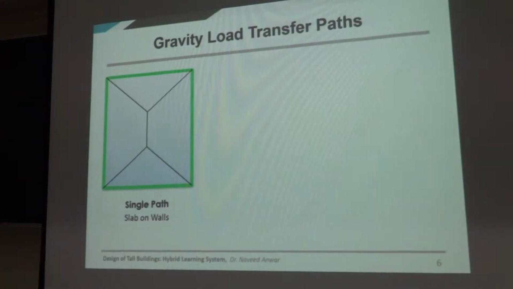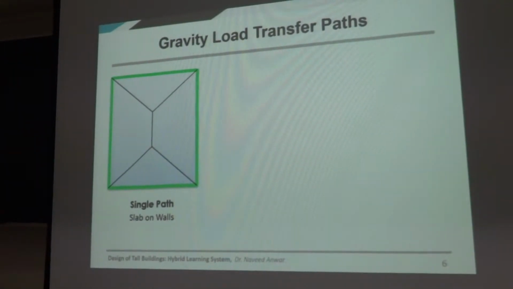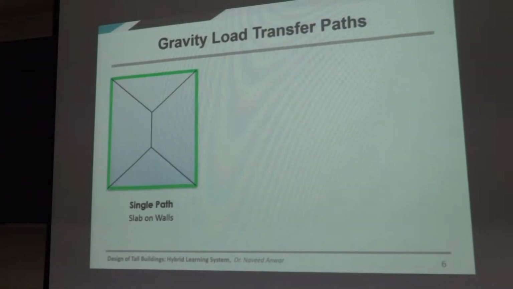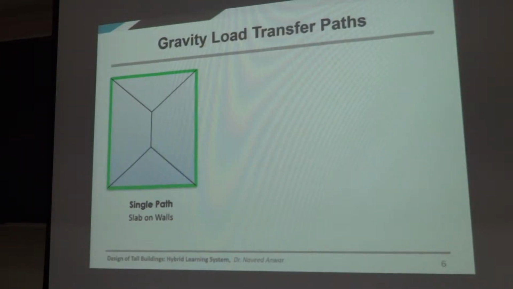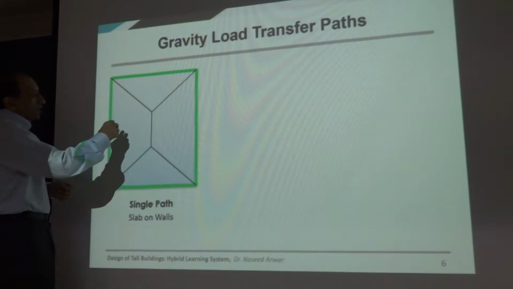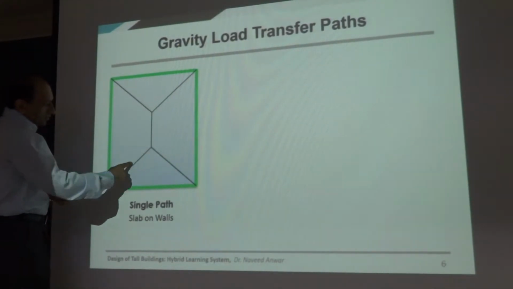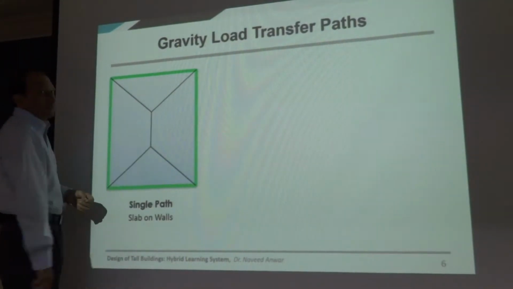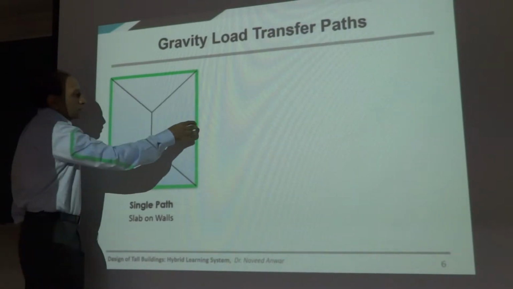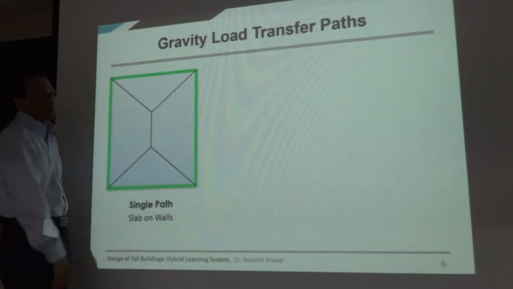So let's first of all talk about how people have been taught and people have learned, or people think. And as usual, right from the first course, every time what we think turns out to be wrong, right? So we will do the same thing here. This is what people think: when you apply a load here, you can draw these lines and assume that this load goes there, this load goes there, this load goes there, and this load goes there.